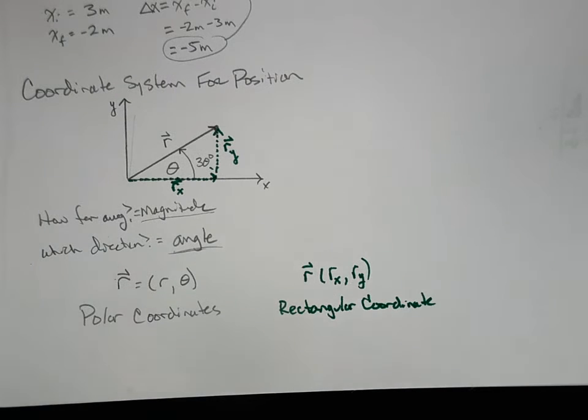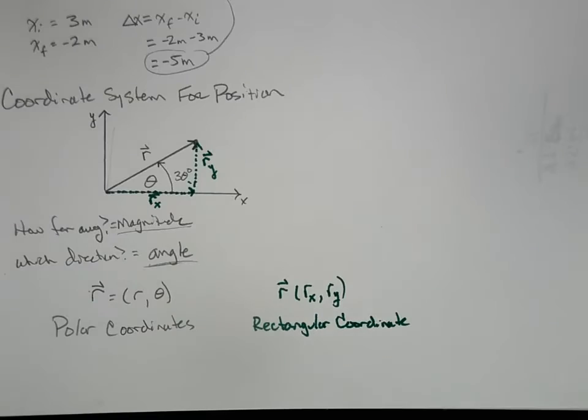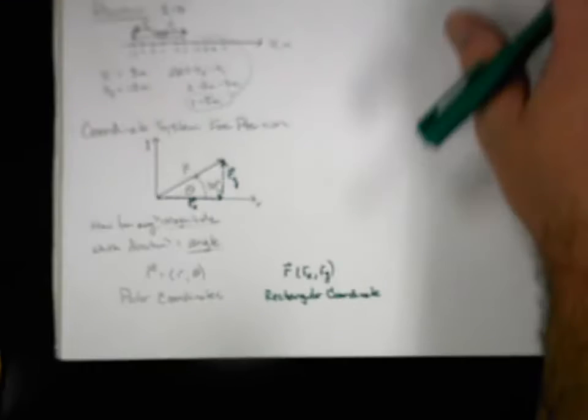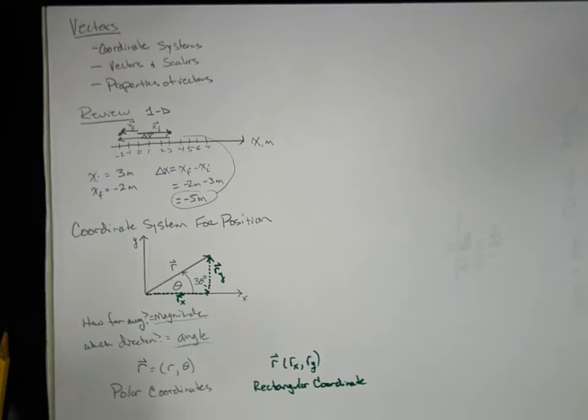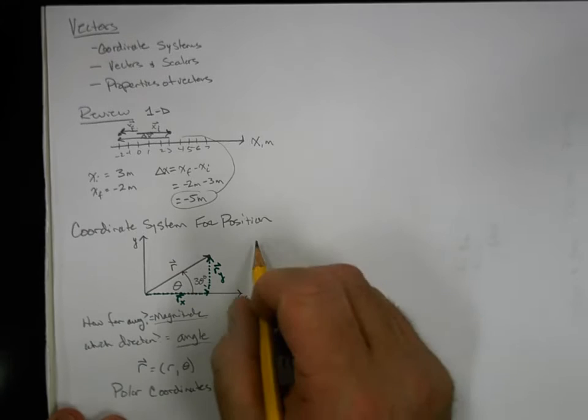All right. So with those in mind, how do we relate these to each other? How can we relate our polar coordinates to our rectangular coordinates? Well, we do know that the x and y axes are orthogonal.